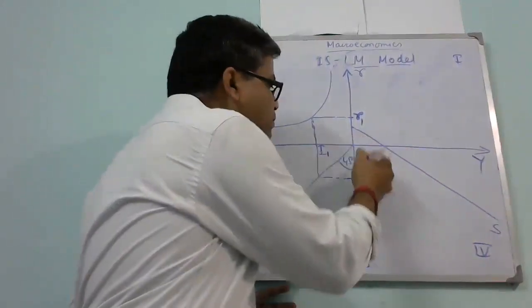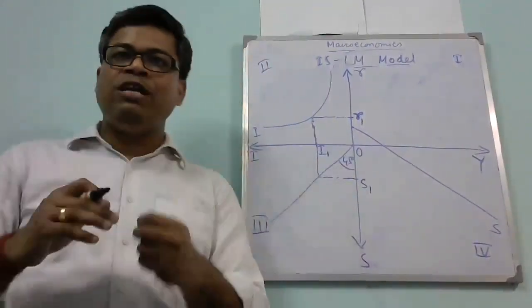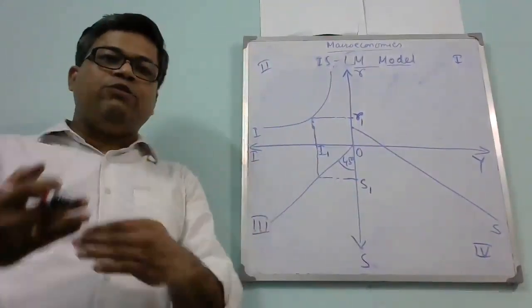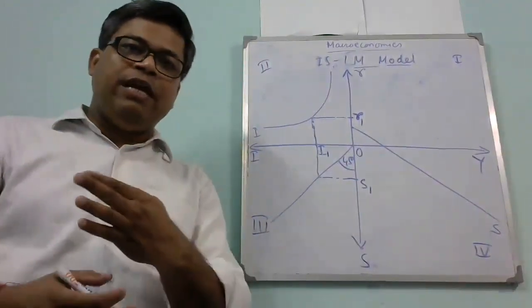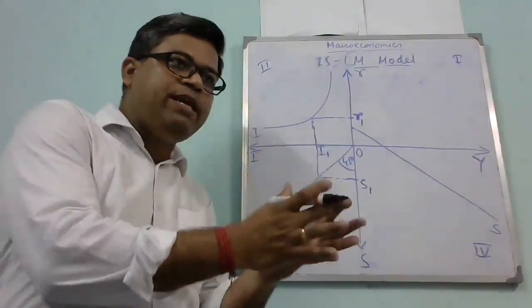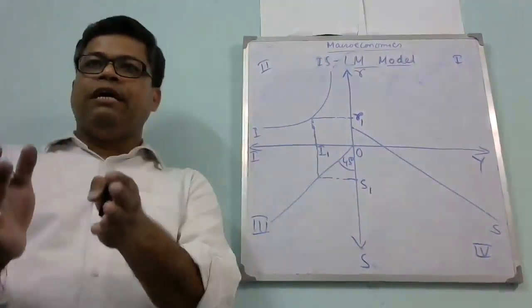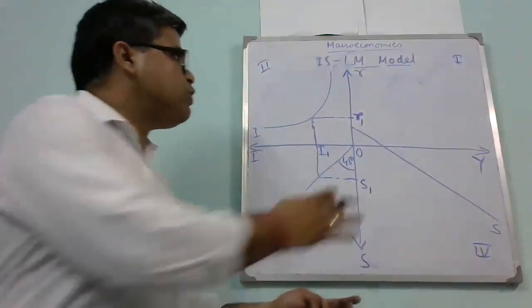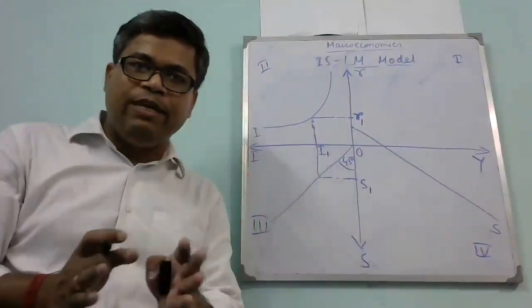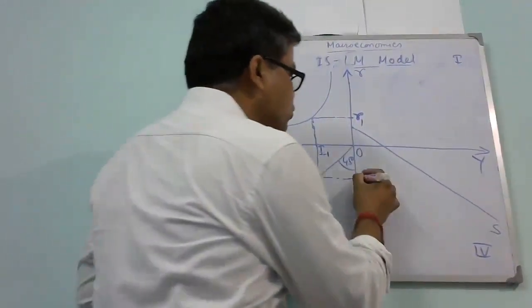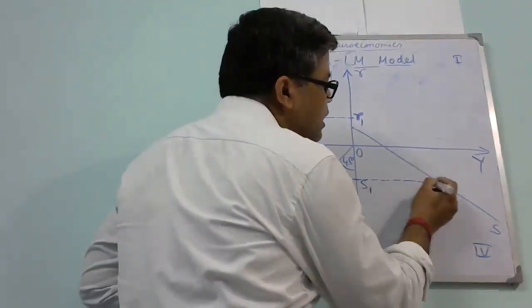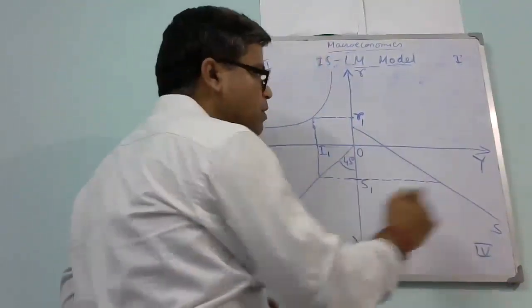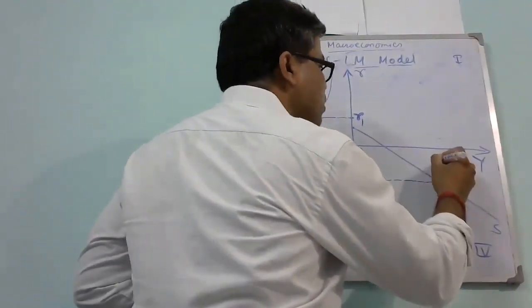Now for this amount of savings, how much income is required? You just see, the questions are coming one by one. Because savings depends on income, isn't it? So for OS1 amount of savings, how much income is required? Draw this line here. It will hit the savings curve here. Now draw a perpendicular.